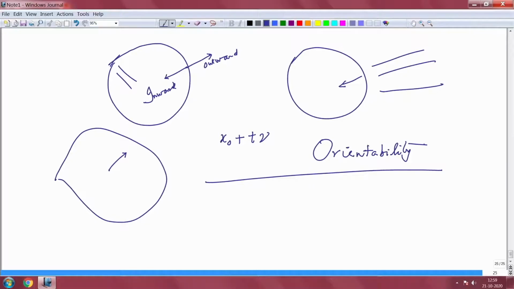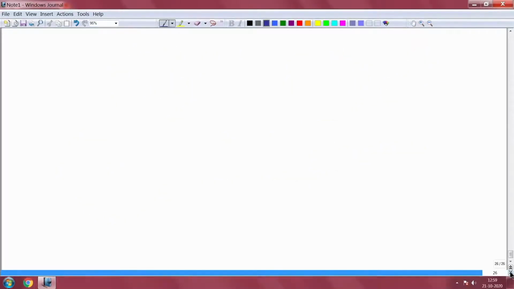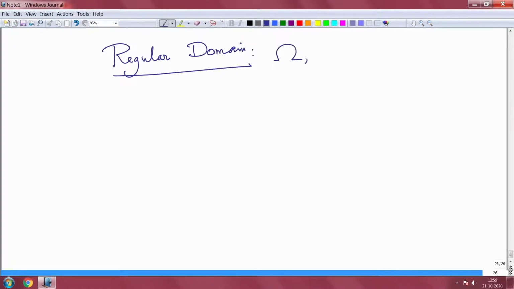So, as I said, since I do not have much time, I want to define a class of domains for which everything is fine, and that is what we call a regular domain. Let me not give a very precise definition. So, given a domain omega, you have its boundary, d omega.